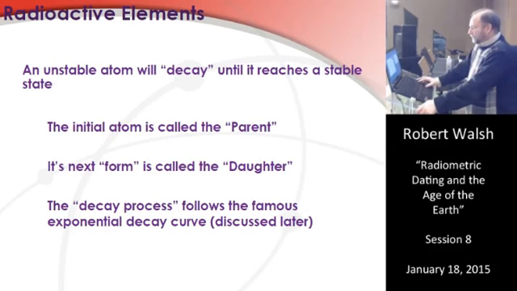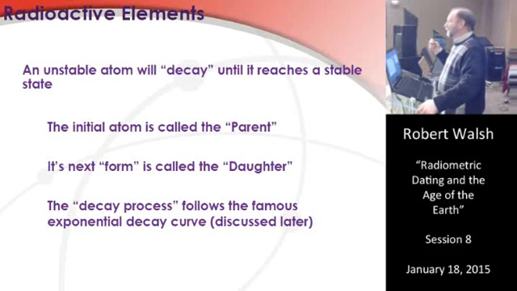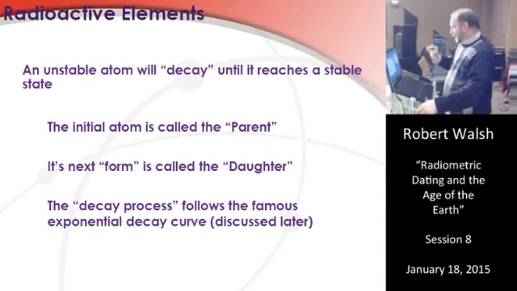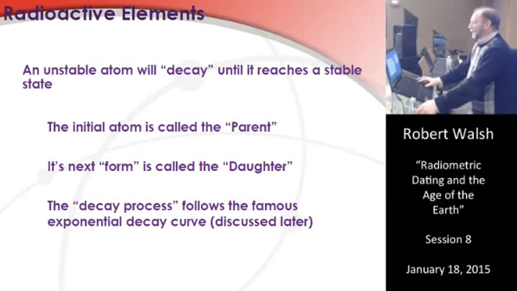So the decay process follows the famous exponential curve, which we will discuss later. So the amount of stuff given off follows this exponential decay curve that we'll talk a little bit about here in a moment when we talk about half-lives and such.